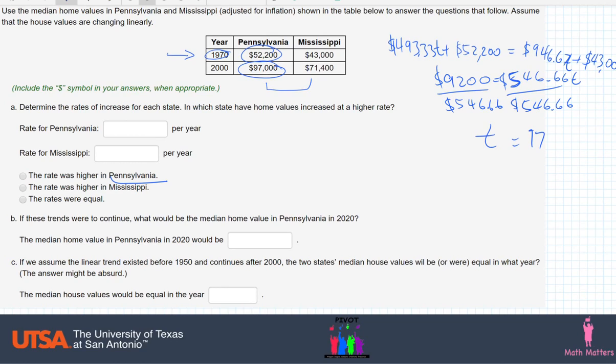So then, all we have to do now is do 1970 minus 17 years is equal to 1953.